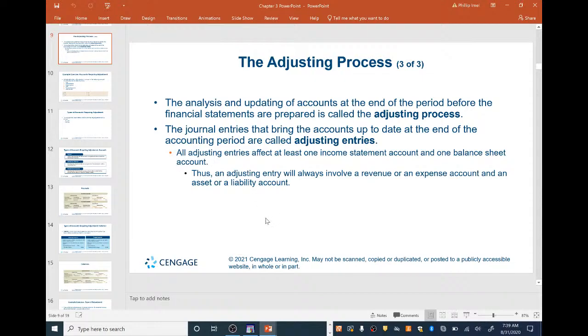So once again, all adjusting entries affect at least one income statement account and one balance sheet account. If it's affecting an income statement account, it's going to involve a revenue or an expense. If it's affecting a balance sheet account, it's going to include an asset or a liability account being affected.